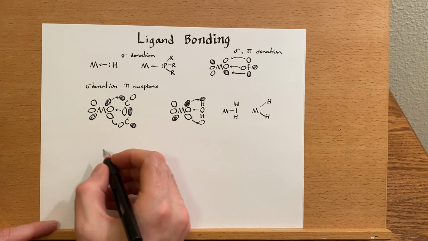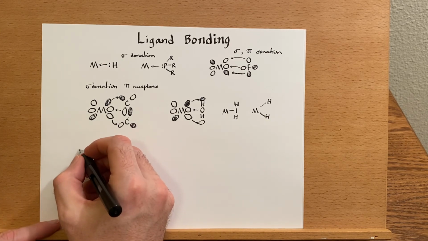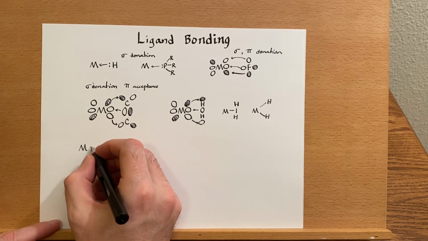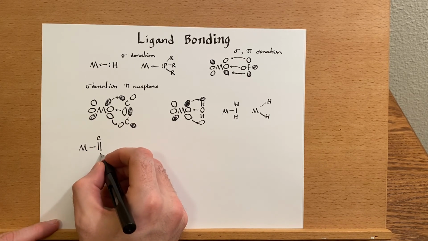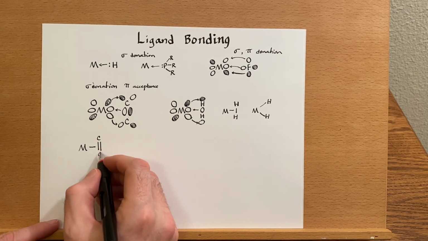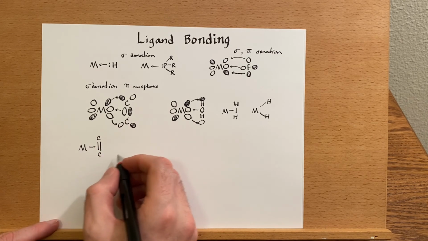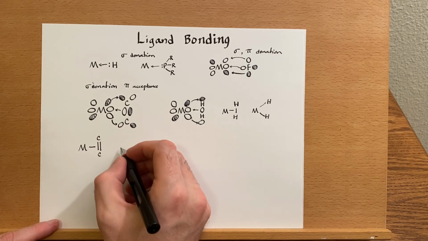So the two ways of drawing this is just like this, and maybe I'll write the carbons there just so it doesn't look like I just drew a whole bunch of lines on the paper.